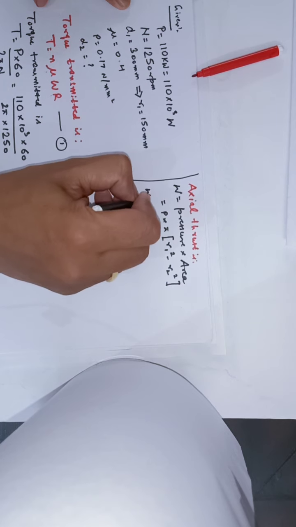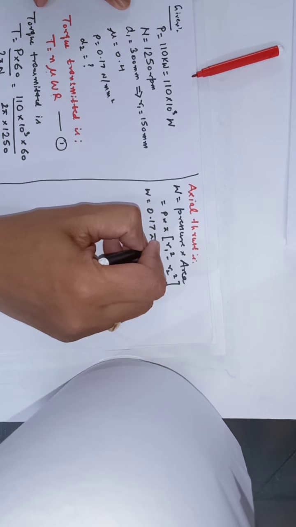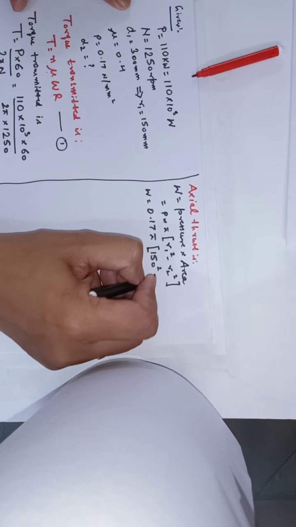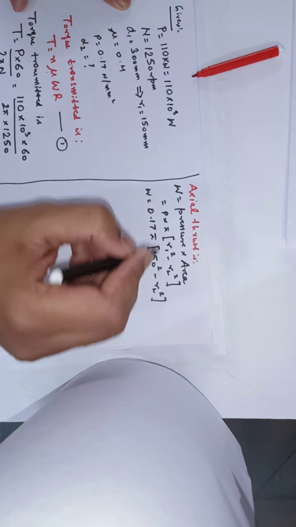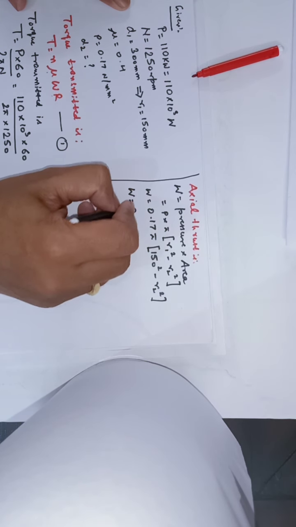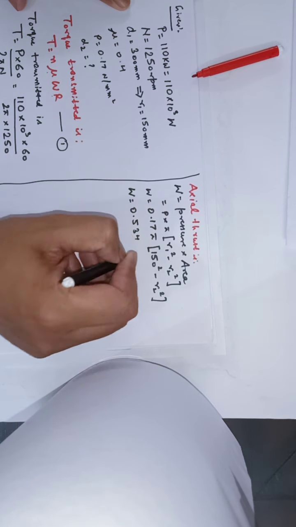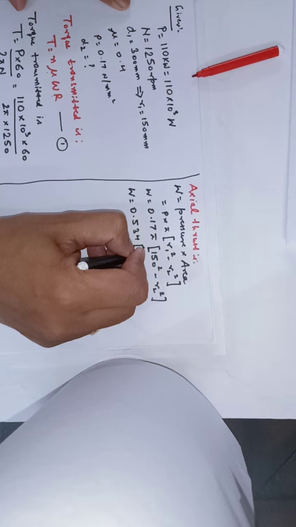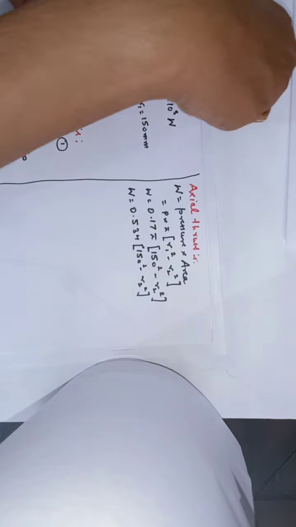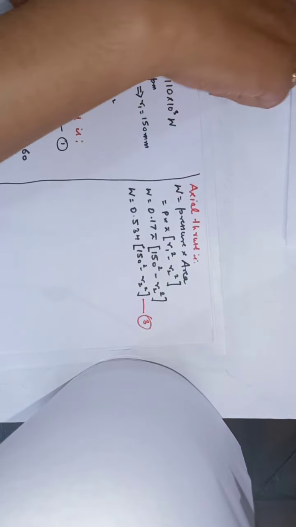If we put all the values, that is 0.17 pi into 150 square minus R2 square. If we solve this, we get W equal to 0.534 into 150 square minus R2 square. That will become equation number 3.